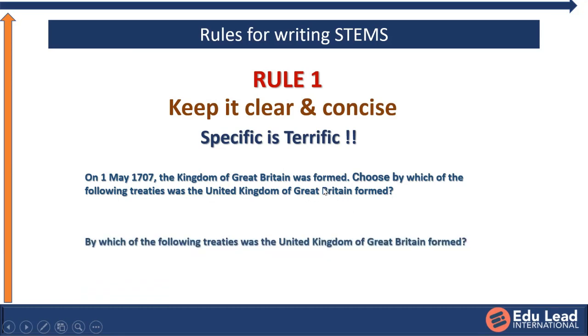The other way of putting the same question would be, by which of the following treaties was the United Kingdom of Great Britain formed? Both of them are conveying the same question, but here we are trying to unnecessarily make it big. It's not required. So let's try to see that when we are creating the stem, they are very short and specific. We are only providing the information which is required.